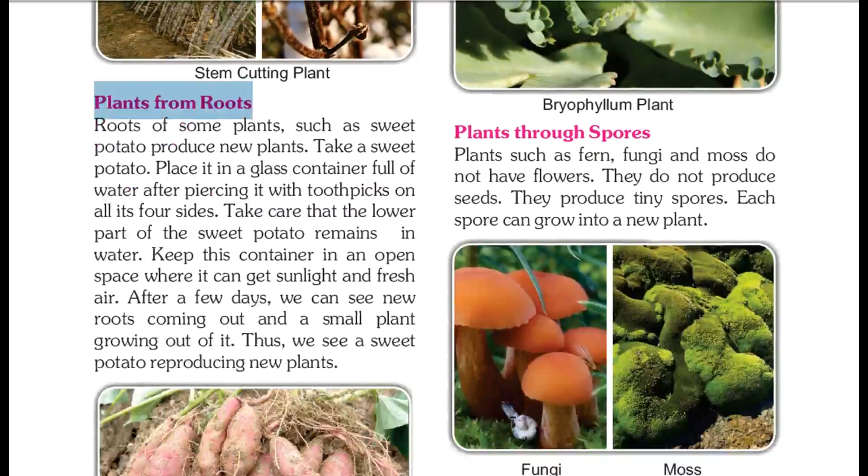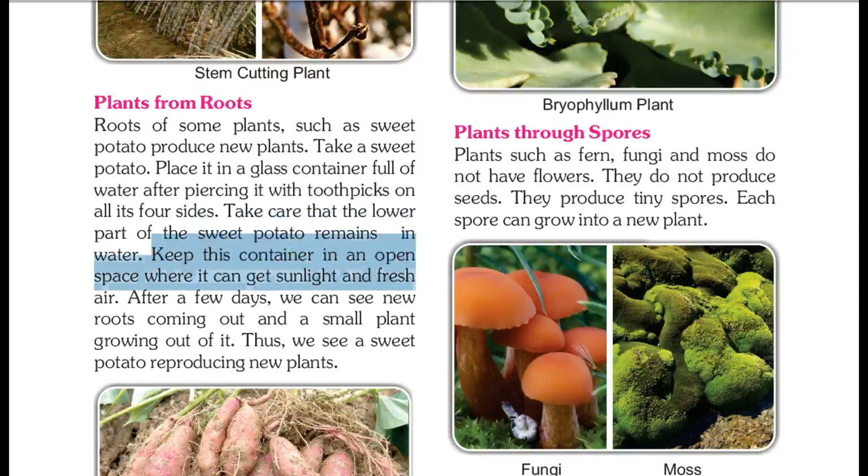Plants from roots. Roots of some plants, such as sweet potato, produce new plants. Take a sweet potato. Place it in a glass container full of water after piercing it with toothpicks on all its four sides. Take care that the lower part of the sweet potato remains in the water.